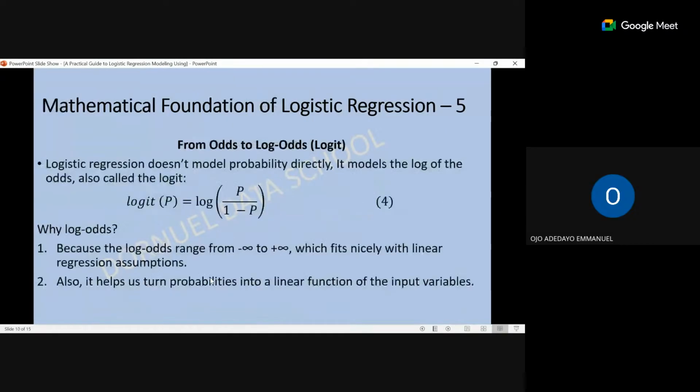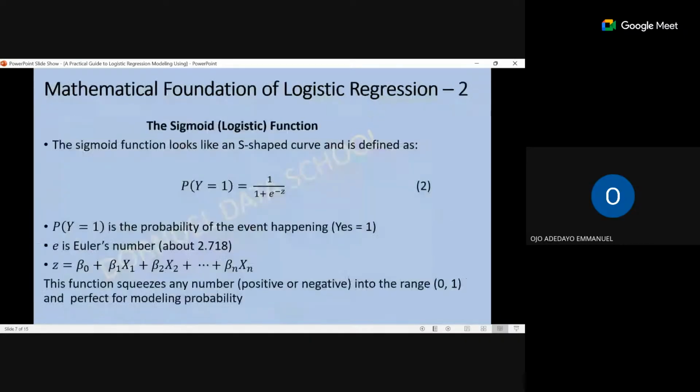Equation 7 now looks like equation 2 that we have here, which is the sigmoid function. But in machine learning and in artificial intelligence, we normally call it the activation function. We call it the sigmoid function and also the activation function.